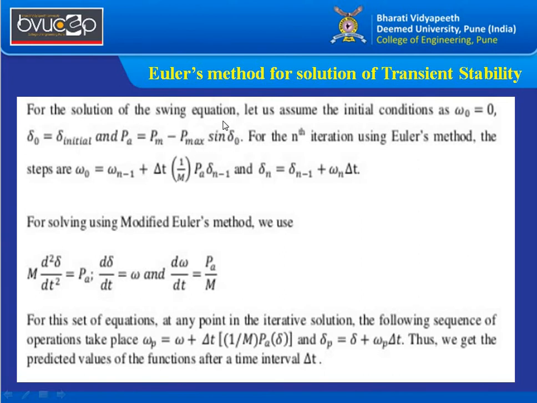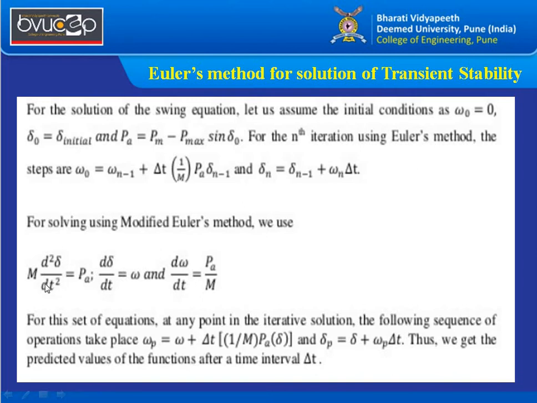We are not going into the derivation of the swing equation because it is also covered in the power system analysis course. For the nth iteration of Euler's method, we apply this step: omega n becomes omega n minus 1 plus delta t into 1 by M PA of delta n minus 1, and delta n will be equal to delta n minus 1 plus omega n delta t. So this is applicable for obtaining the solution of the swing equation.